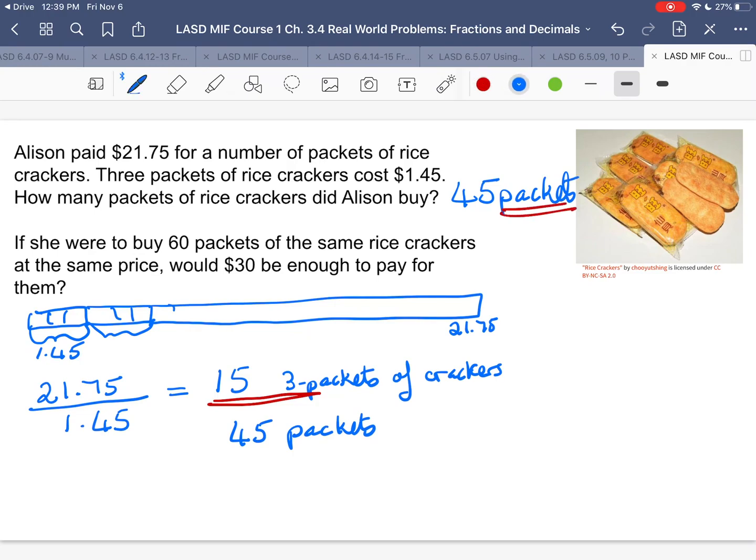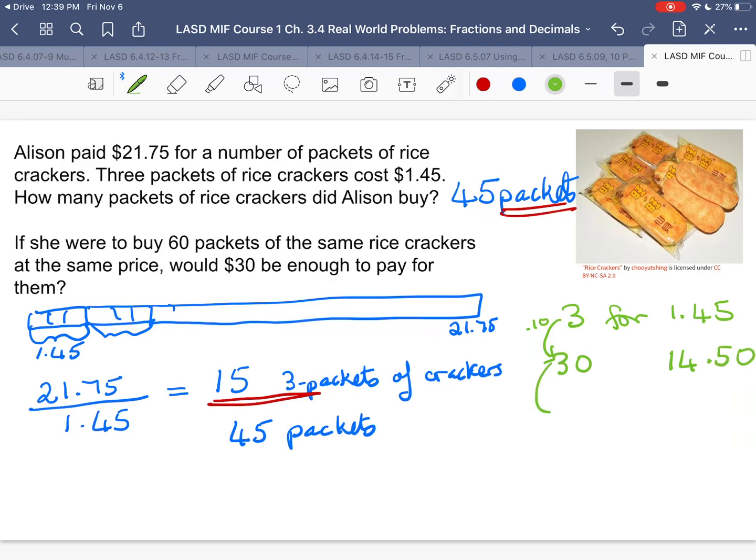Now, if she was to buy 60 packets, would $30 be enough to pay for them? So I'm going to start off with saying she bought 3 packets for $1.45, and she wants to get 60. So I'm actually going to calculate the cost for 30 first, because it's easy to say 3 times 10 is 30. $1.45 times 10 is $14.50.